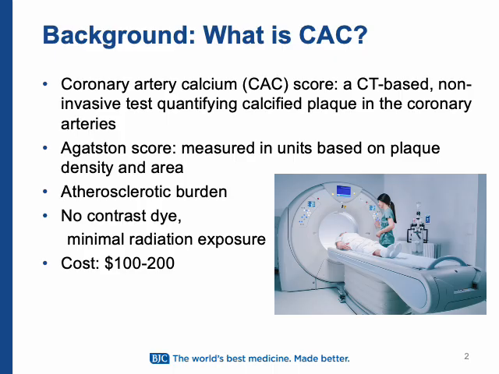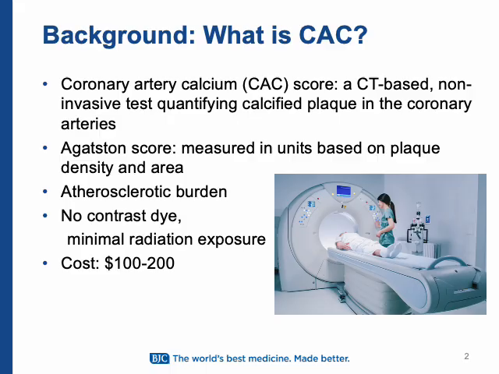The number that we get from the test is called the Agatston score, and the score takes into account both the density of the calcium and the area that is covered. As the score increases, it generally reflects a greater overall burden of calcium and thus atherosclerosis, or hard plaques. One of the reasons this test is popular is it doesn't require any contrast dye, and the radiation exposure is pretty low.